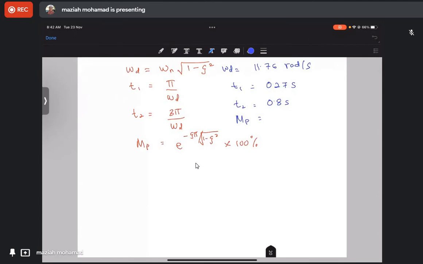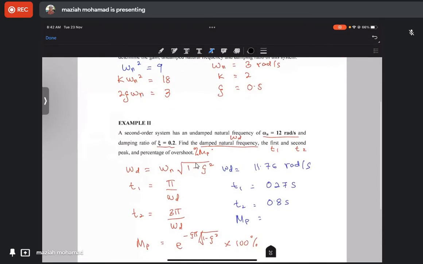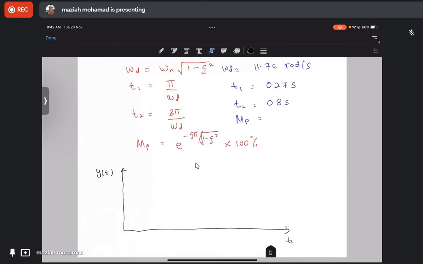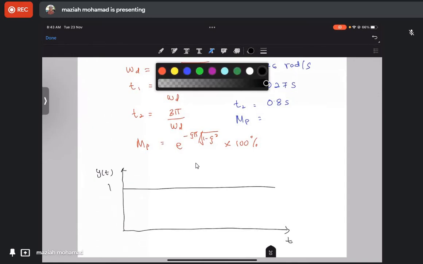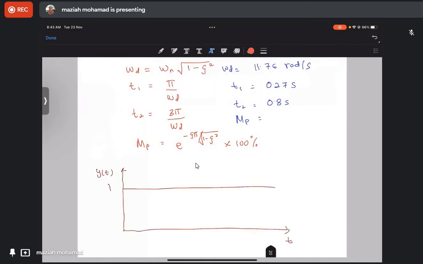If you're going to plot the behavior, let's consider the final value is 1. What is the value for MP? 52.7%. It will occur at 0.27 seconds.